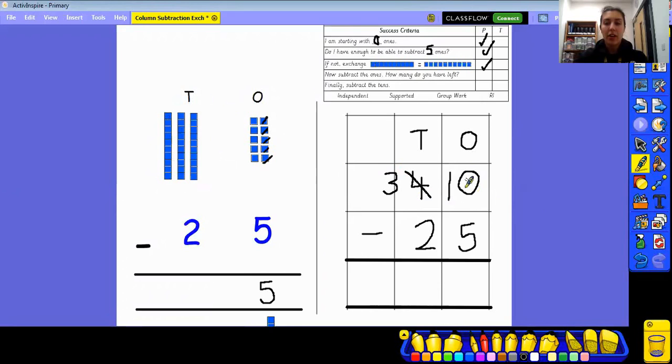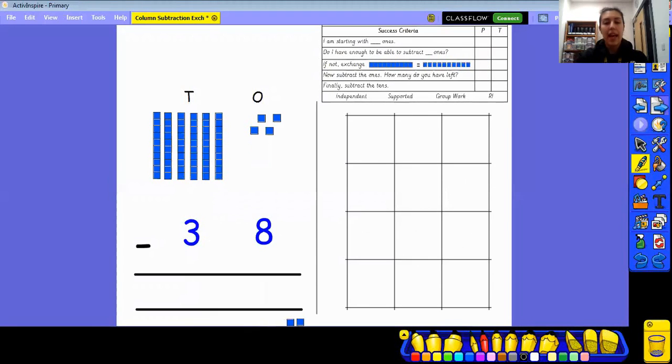Now I can see that I've got 10 1s, and 10 take away 5 leaves us with 5. And then when I've worked that out, I can finally go on to my 10s and do 3 10s, take away 2 10s. So over here you can see I've got 3 10s. I'm taking 2 of them away, and that leaves me with 1 10.